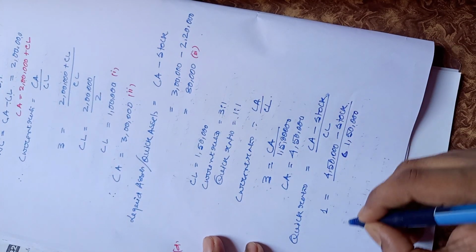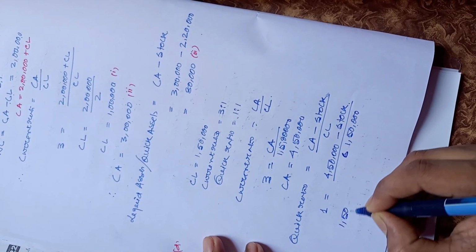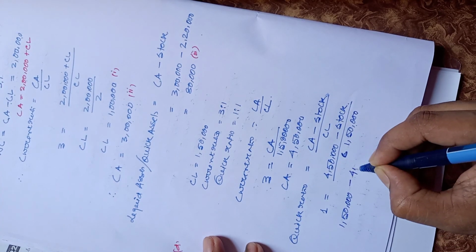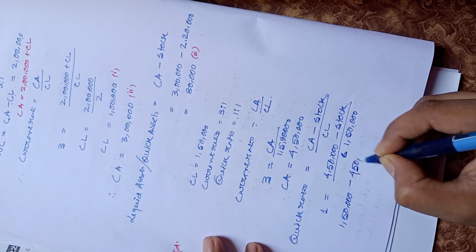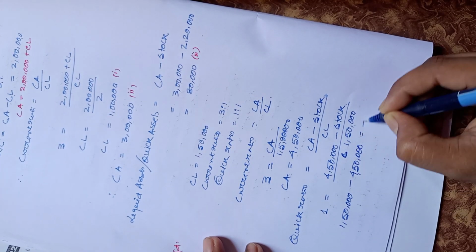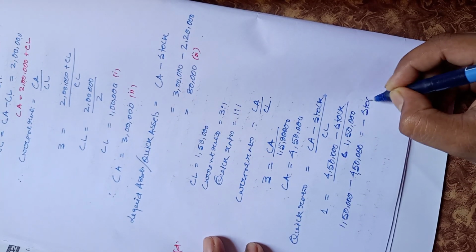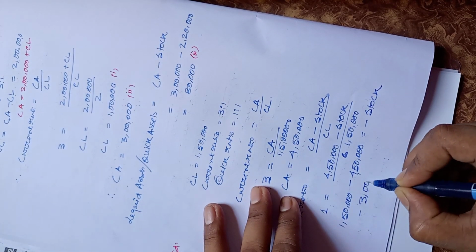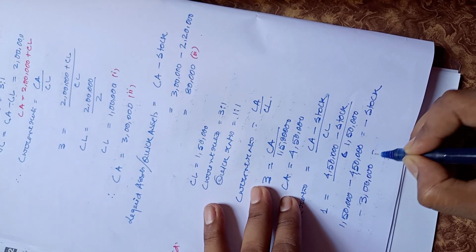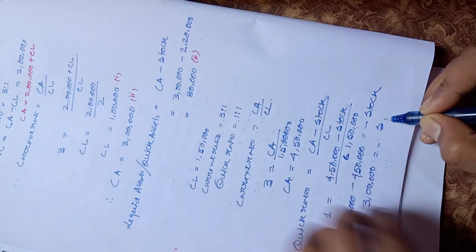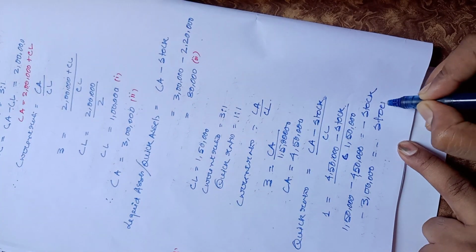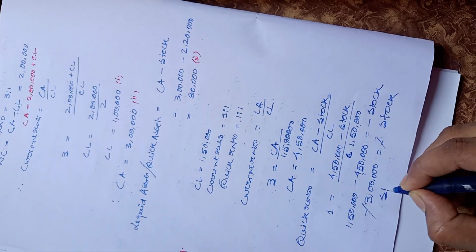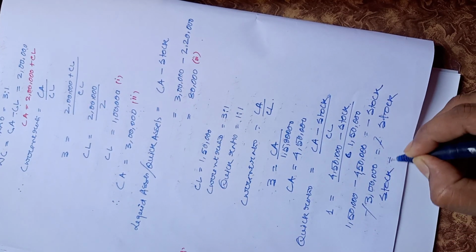So if you cross multiply, 1,50,000 minus 4,50,000 is equal to minus 3 lakhs, which equals minus stock. So the value of stock will be 3 lakhs.